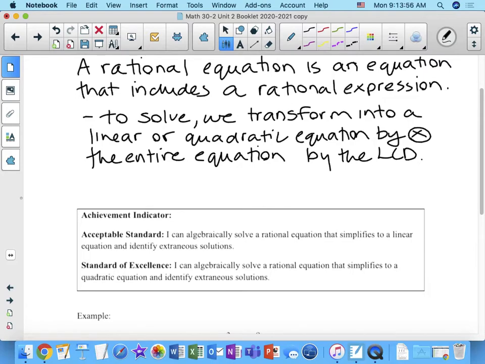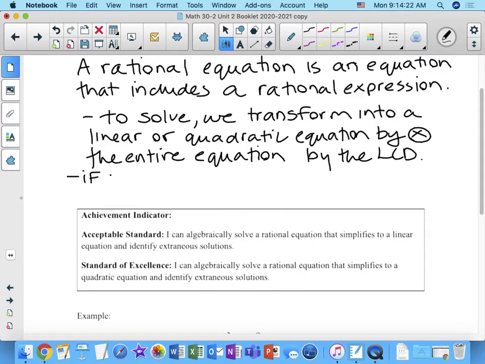Okay. Now, this may produce answers that are okay for a linear or quadratic equation, but are not okay for the rational equation, because in the rational equation, they would be non-permissible values. And those types of answers are called extraneous. And so if we come across one of those, we actually have to throw it out. Okay?